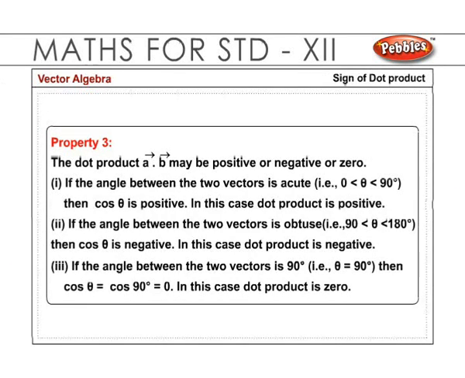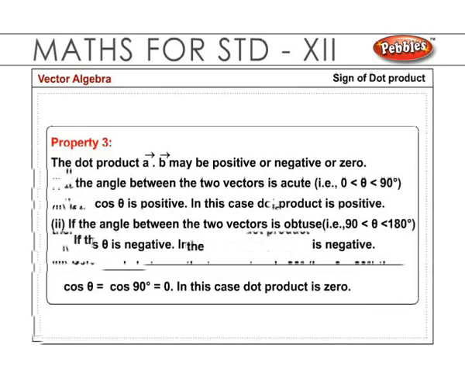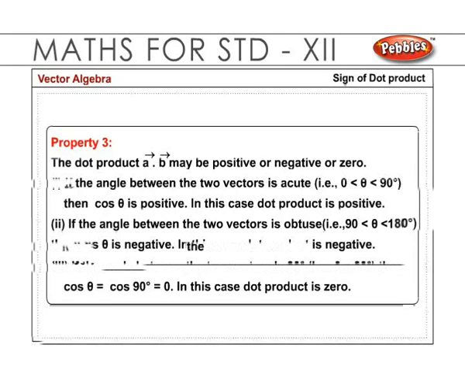Sign of dot product. The dot product A dot B may be positive or negative or 0. If the angle between the two vectors is acute, that is, 0 < theta < 90 degrees, then cos theta is positive. In this case, dot product is positive.